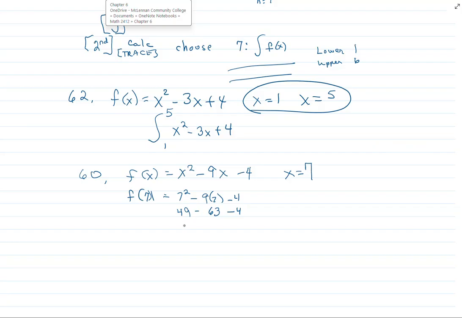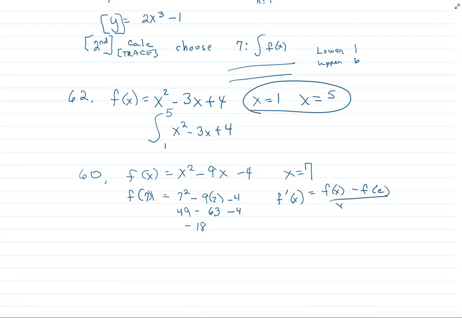So I'm going to have, for my derivative, f prime of x, I'm going to have my f of x minus my f of c divided by x minus c. And in my case, I'm going to have x squared minus 9x minus 4 plus 18, because I subtract the 18. Is everybody good with that?